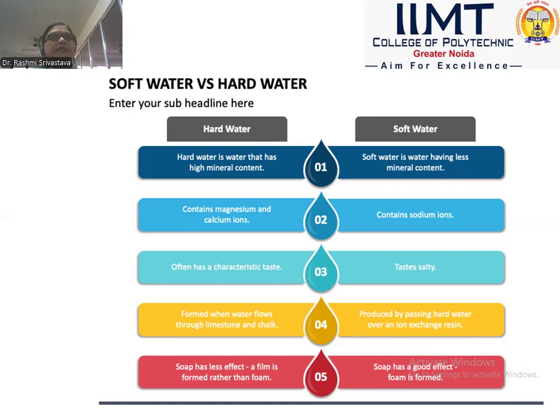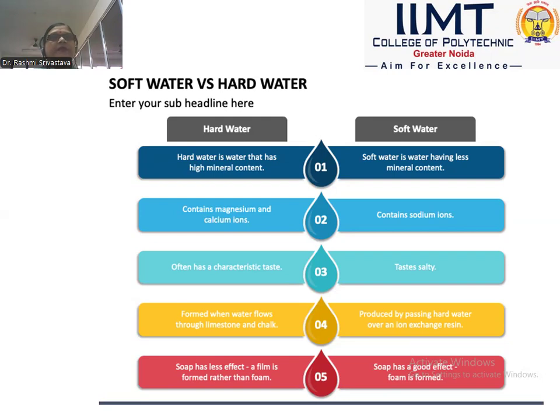The next is hard water. It mainly contains magnesium and calcium ions in large quantity. Soft water contains less content of magnesium and calcium ions. Another comparison is that hard water has a characteristic taste.